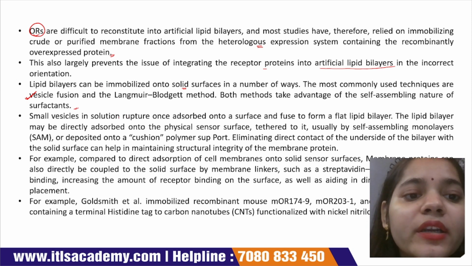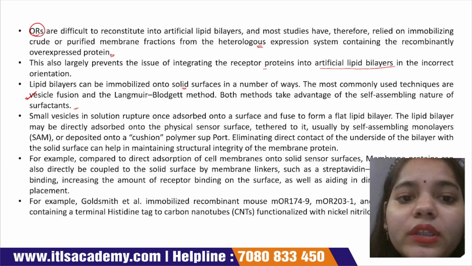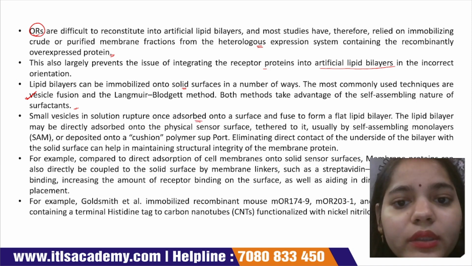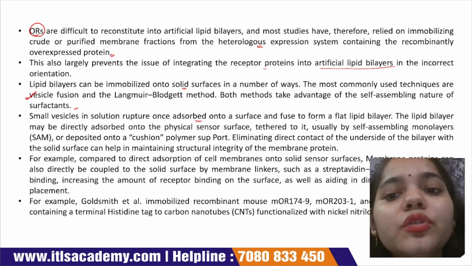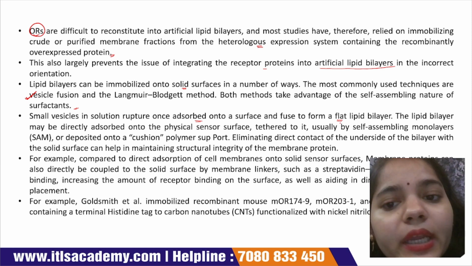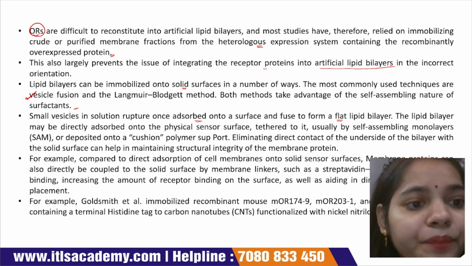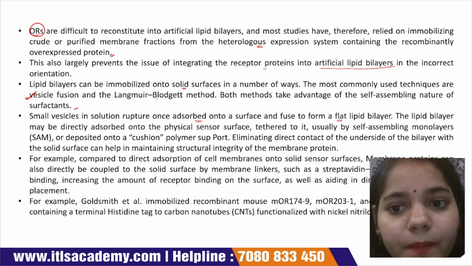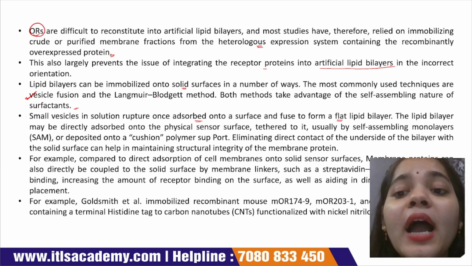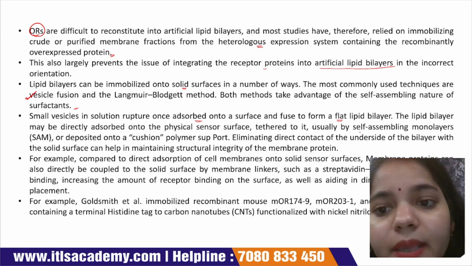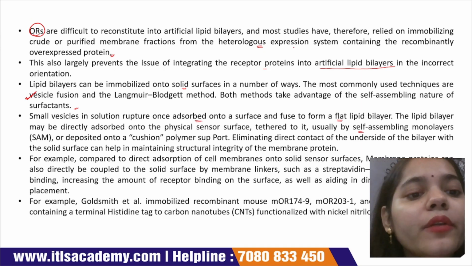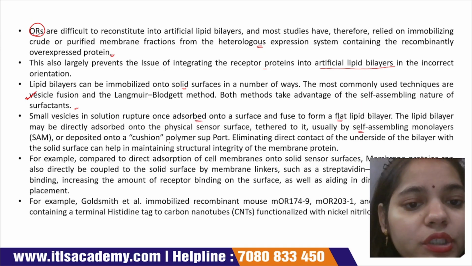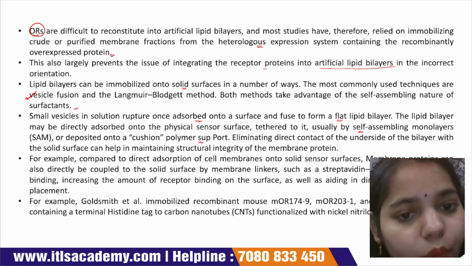Small vesicles in solution rupture on the surface and fuse to form a flat lipid bilayer. Okay, this lipid bilayer may be absorbed on the physical sensor by using self-assembled monolayer or by the deposition of a cushion polymer coat.